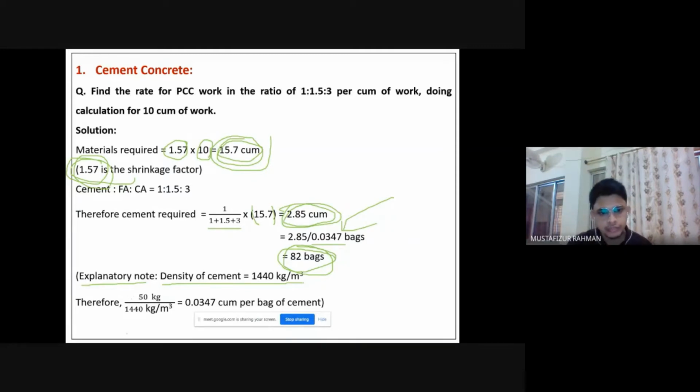So if we divide 50 kg by 1440 kg per cubic meter, we get this value. That means this is the volume for one bag of cement. We need 2.85 cubic meters, and for one bag it is 0.0347 cubic meter. Therefore, we are dividing 2.85 by this value.